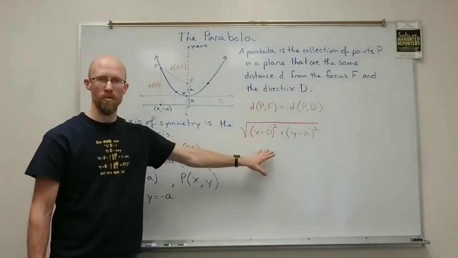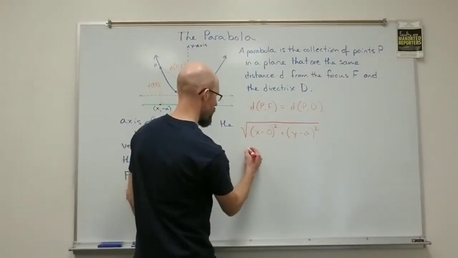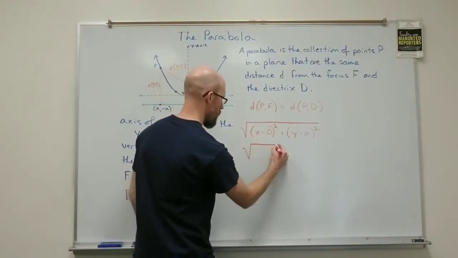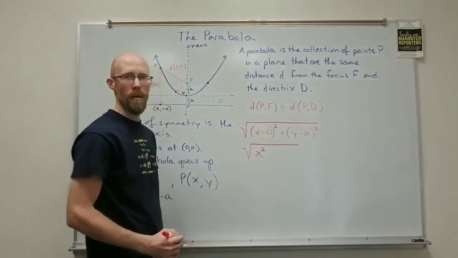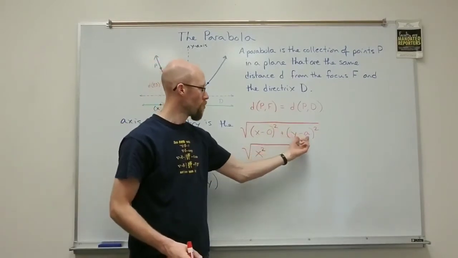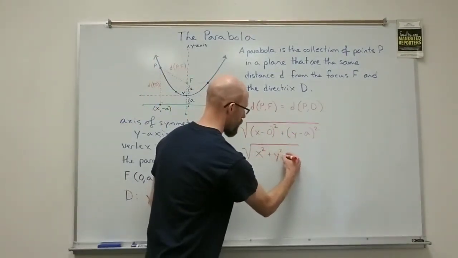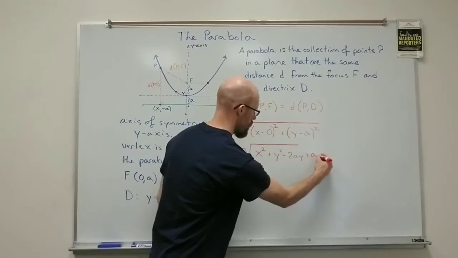All right, so now if I go through and maybe simplify this for just a moment, I would have the square root of x squared. And of course, I could expand this out. Y minus a quantity squared is really y squared minus 2ay plus a squared.